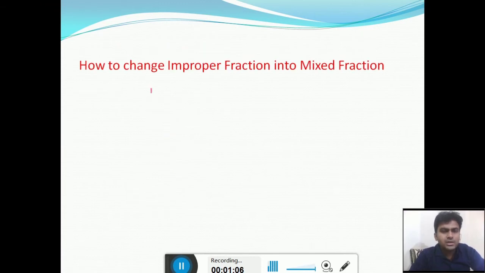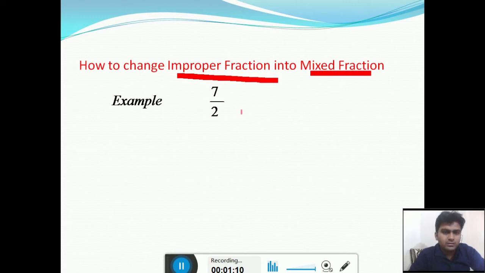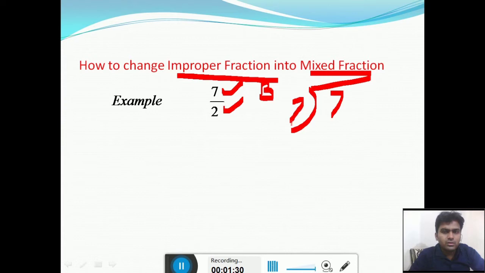Next, to change an improper fraction into a mixed fraction. So we have an improper fraction. What is an improper fraction? When the numerator is bigger than the denominator. So it is an improper fraction. Now we have to change it into a mixed fraction. So what do we have to do? You have to divide 7 by 2. 2 ones are 2, 2 threes are 6.